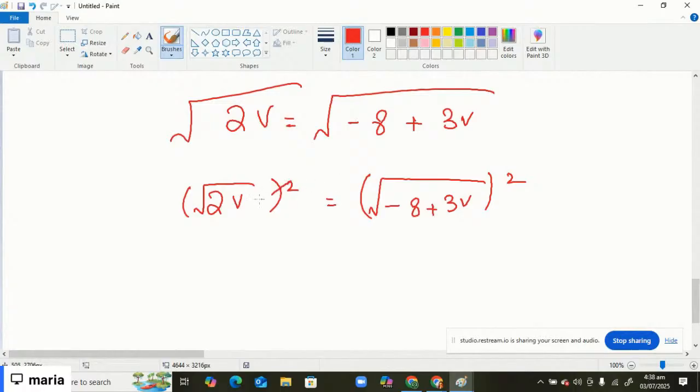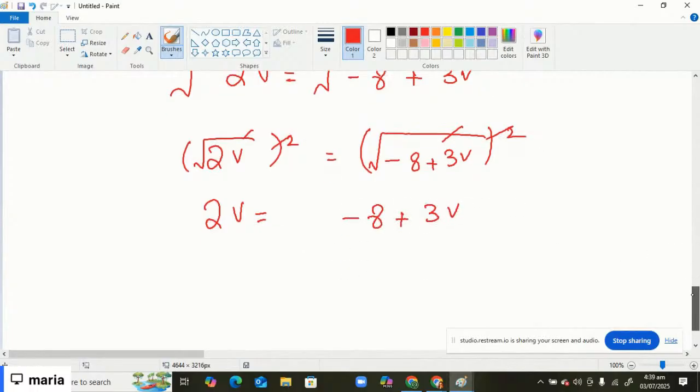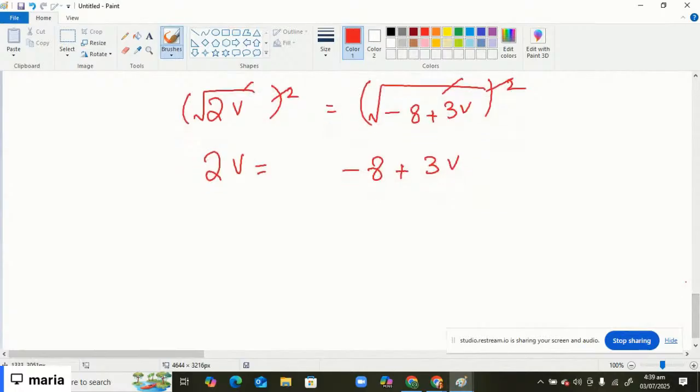Now cancel. So only 2v is left, minus 8 plus 3v. This 3v is moved from this to this side. So what does it become? It becomes minus 3v is equals to minus 8.